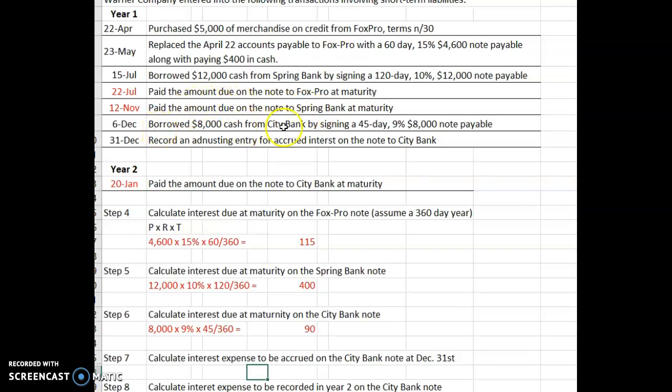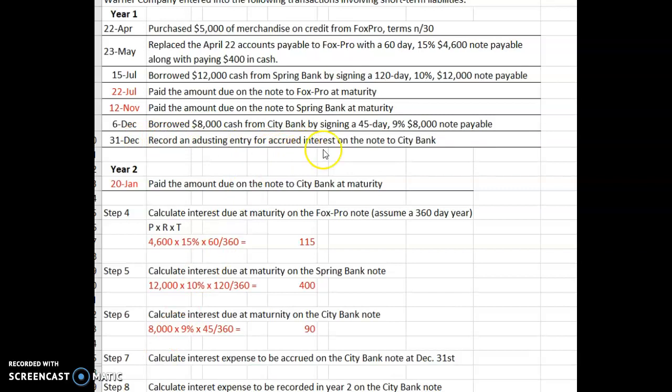But the Citibank note will span 2 accounting periods. We borrowed the money on December 6th, and we won't pay it back with interest until January 20th. And we have a December 31st year end in between.